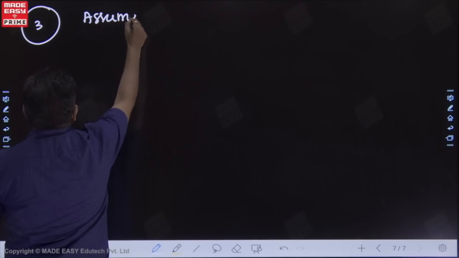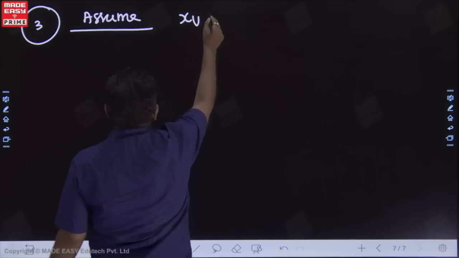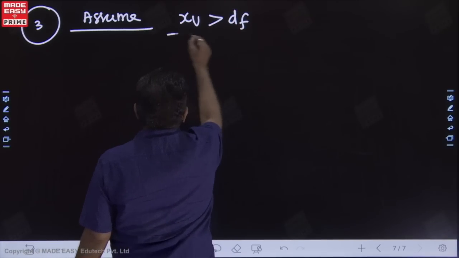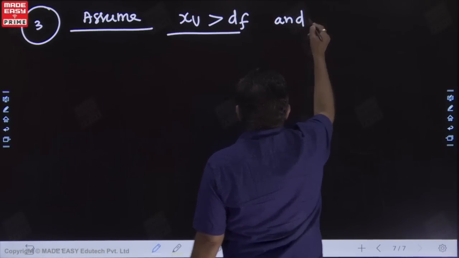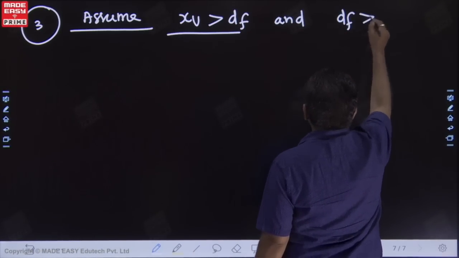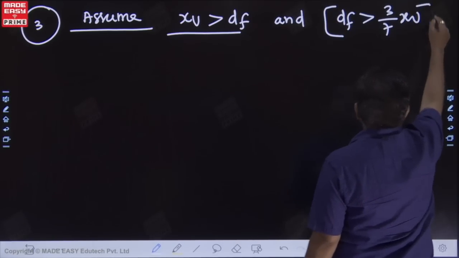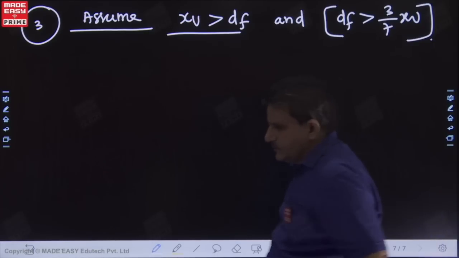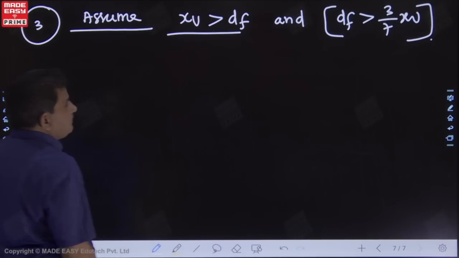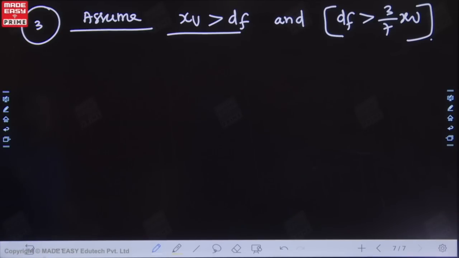So the third case is, now we will assume that xu is greater than Df and Df is also greater than 3 by 7 xu. Now you have the chance that you will get this case because this is the only case left.